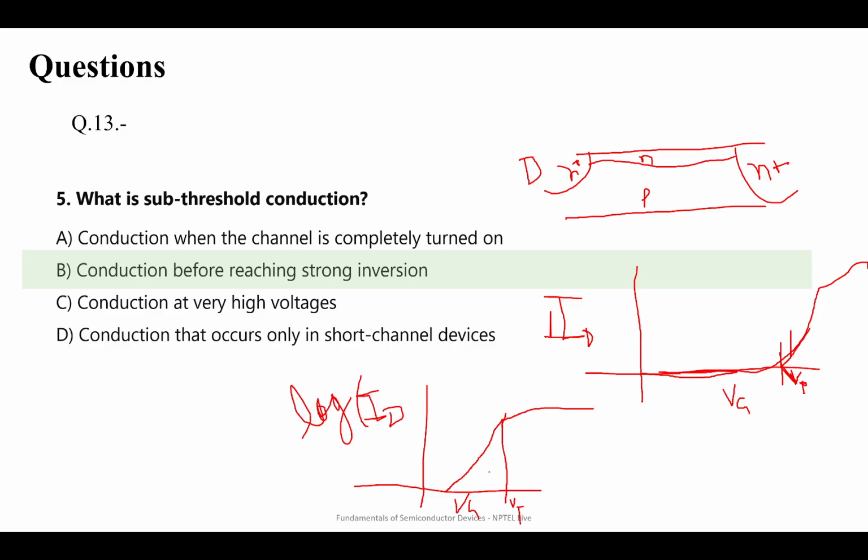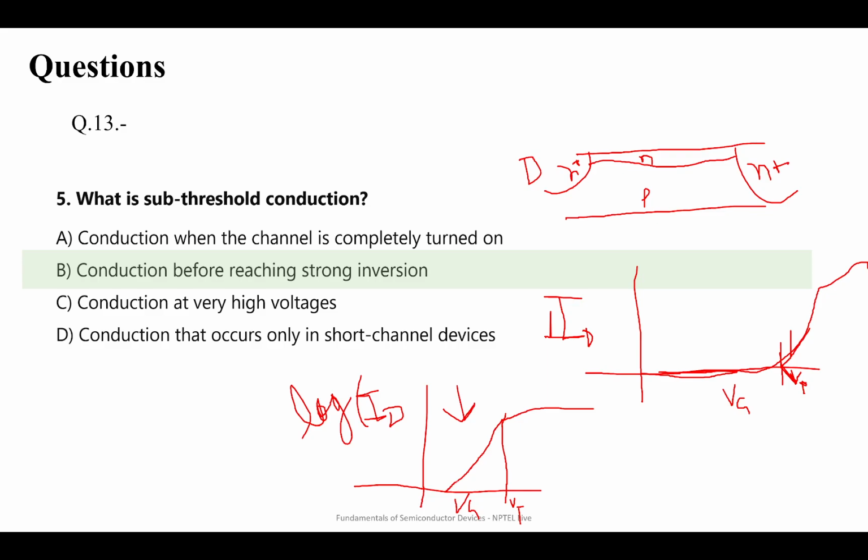This region is your subthreshold region, meaning below threshold. This is your threshold point.